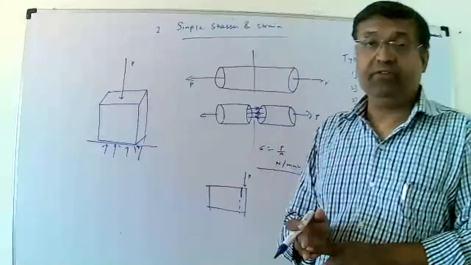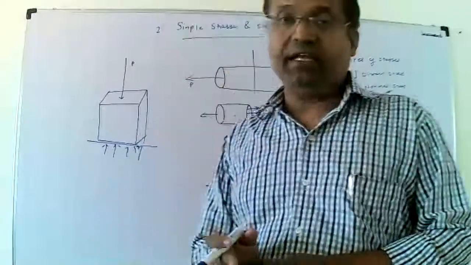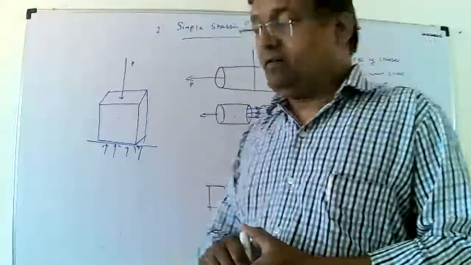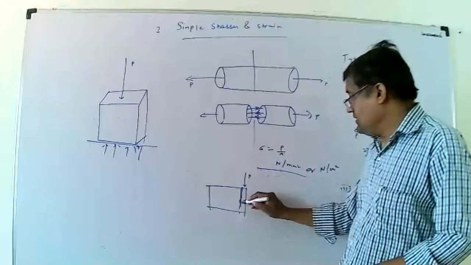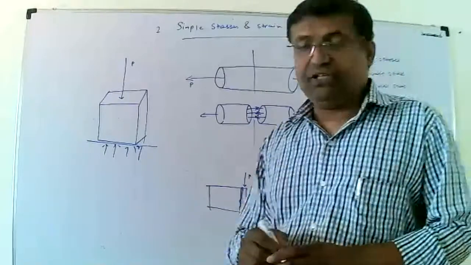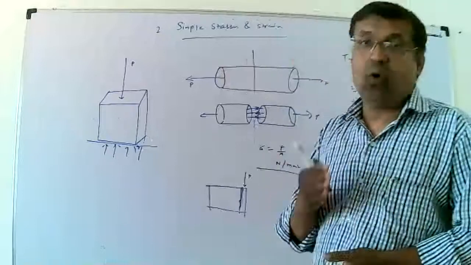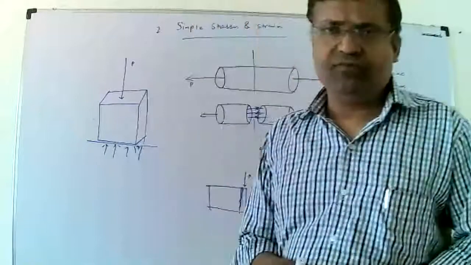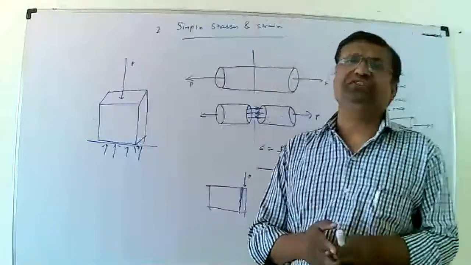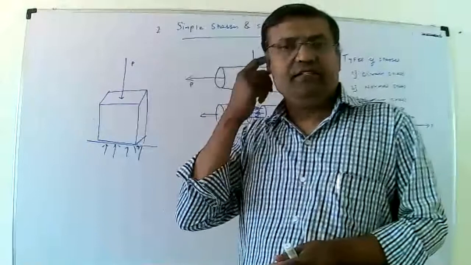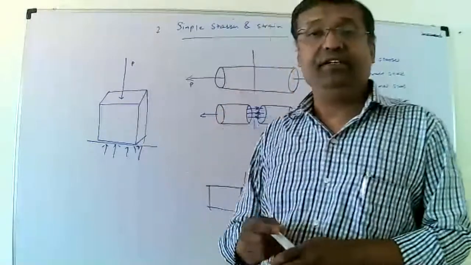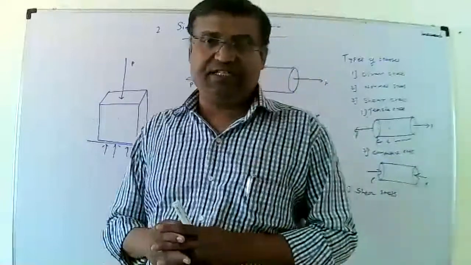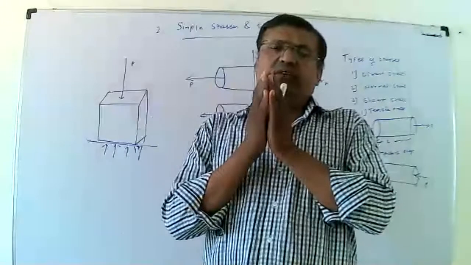Shearing occurs between the two surface areas of the body, and in that situation the shearing occurs, and that is said to be shearing stress. Shearing stress means force per unit area, the same as stress.